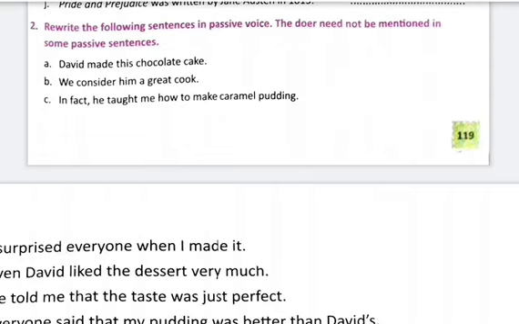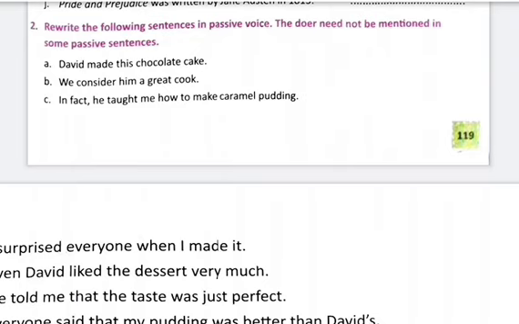So to make it passive we need the help of the be verb. We have to keep in mind the two forms of the be verb, was and were. Now David is subject, made is verb, and this chocolate cake is object. And in passive voice, this chocolate cake, which is object in the active voice, will become the subject. Now this chocolate cake is singular number, so we will take help of be verb was, because the main verb made is past tense.